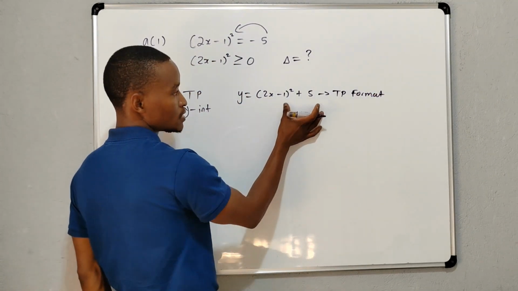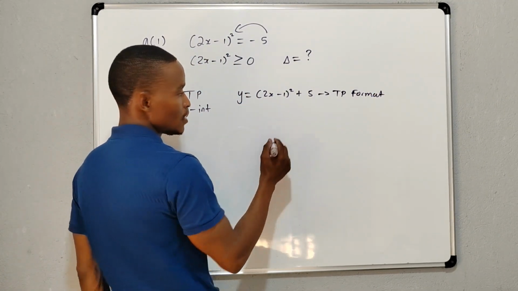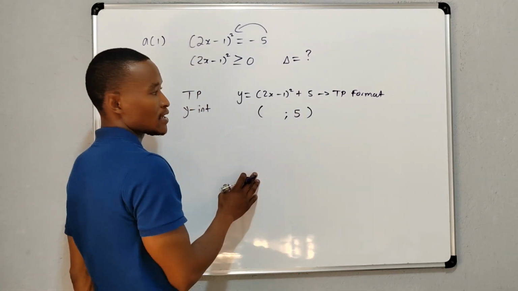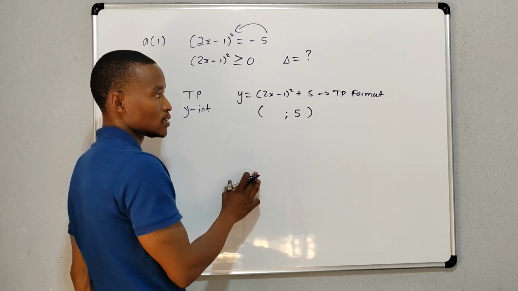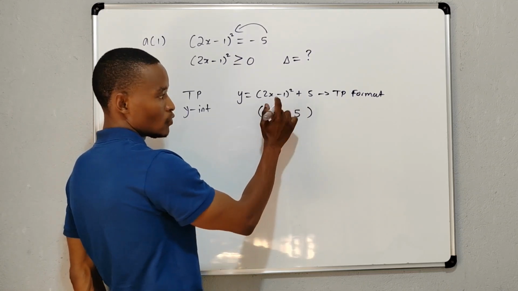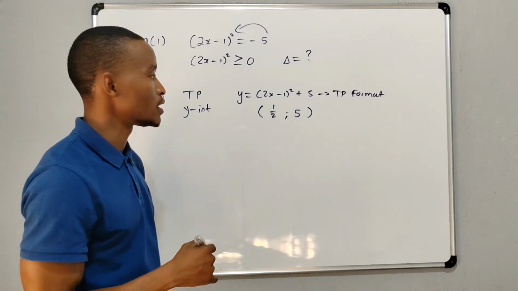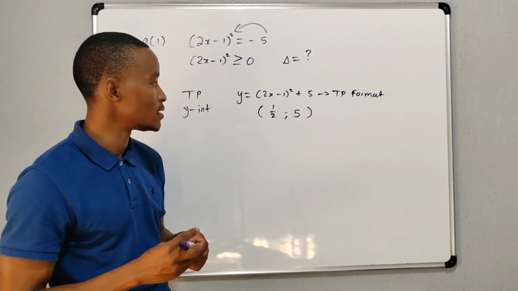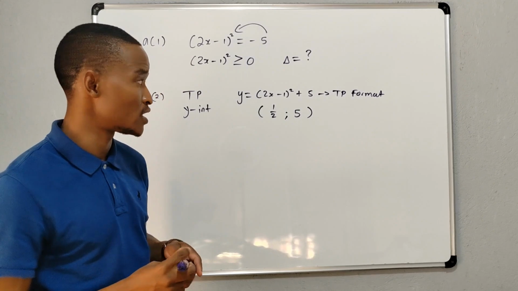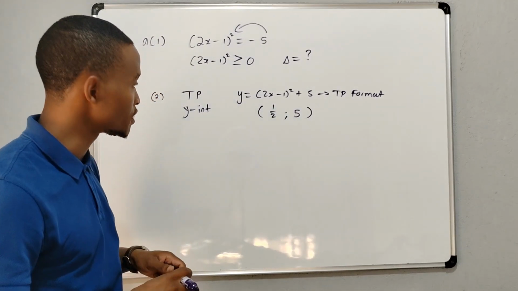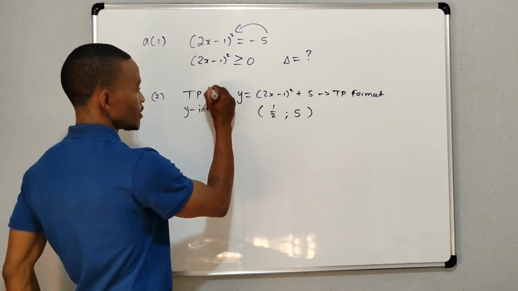Can we read off the turning point coordinates here? We know that the y coordinate will be 5 and the x coordinate will be what? 1 over 2, right? So that is where you find the coordinates of the turning point. No calculation needed, it's totally unnecessary. It's a read off question. So we have taken care of that.